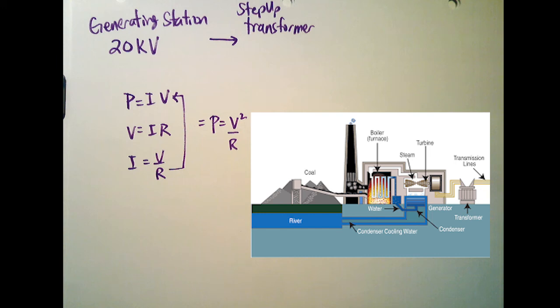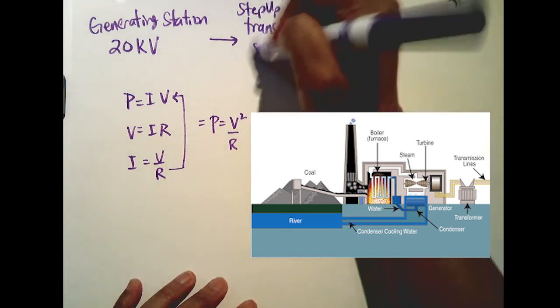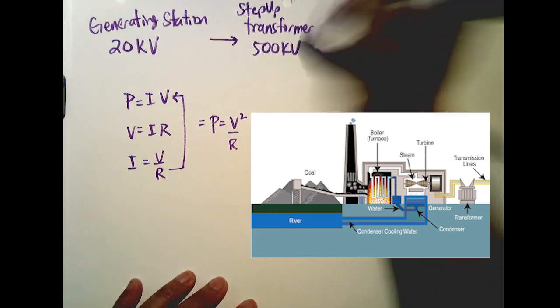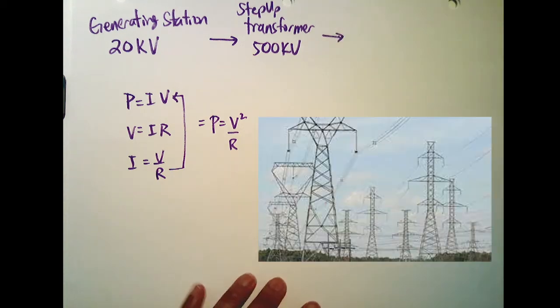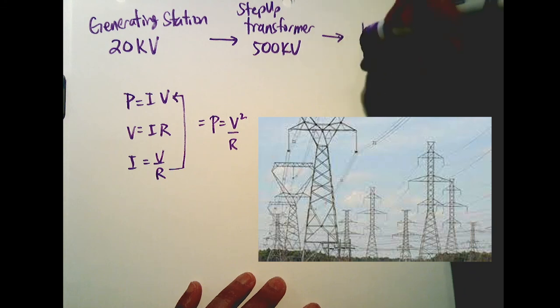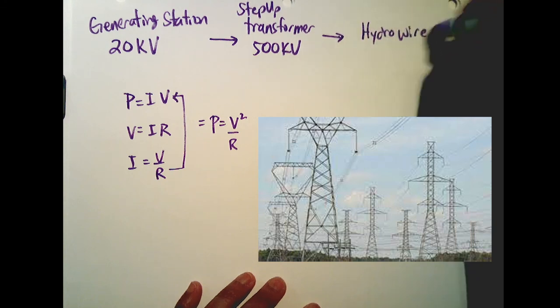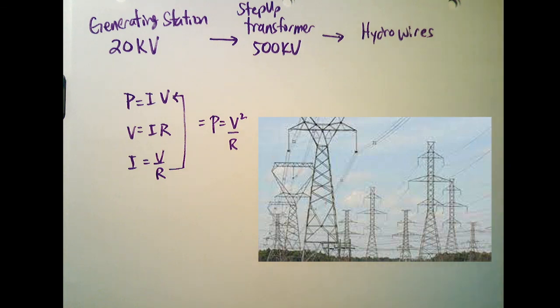You'll see that picture there with all the transformers. Okay, and it will step it up to 500 kilovolts, which is a lot. And then they're going to transfer it to the wires, okay, the hydro wires. So now we're in the hydro wires here. Hydro wires. They typically look like this, okay?